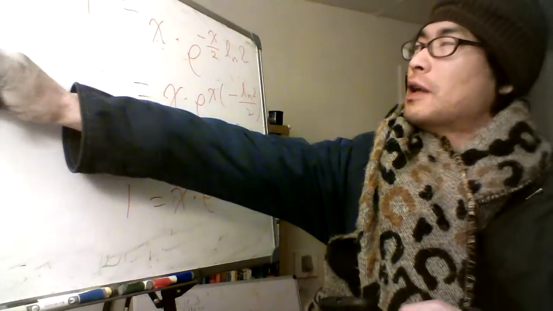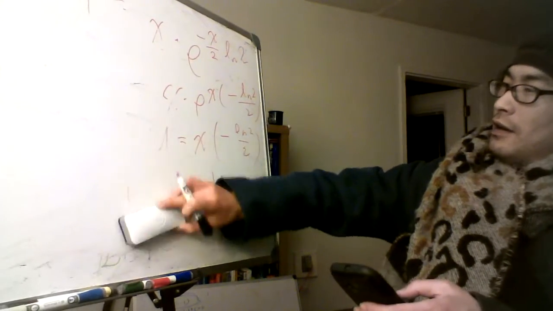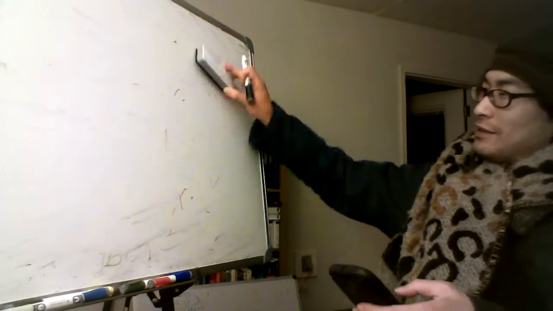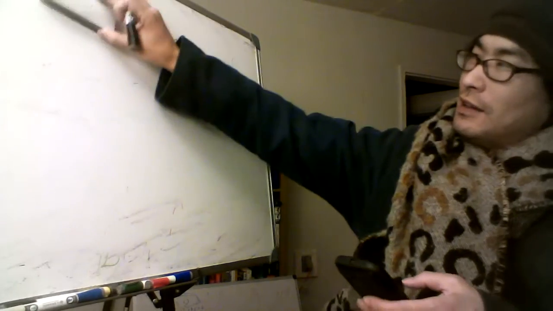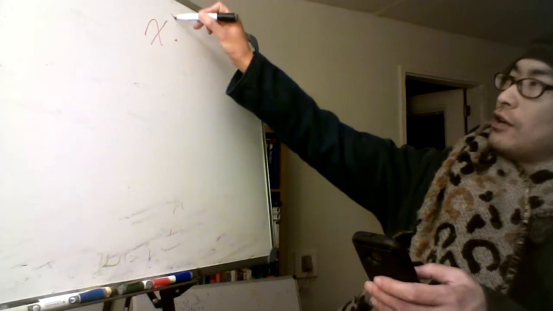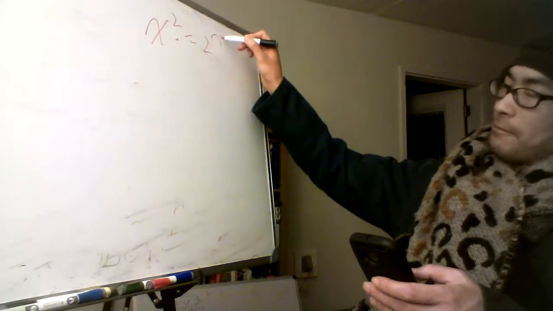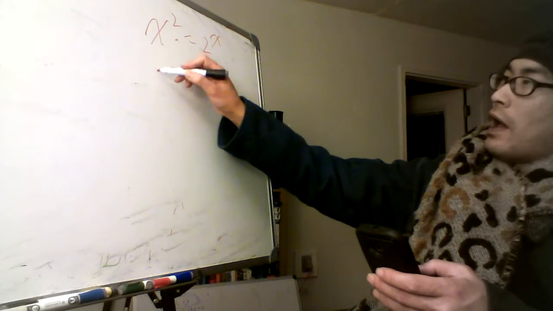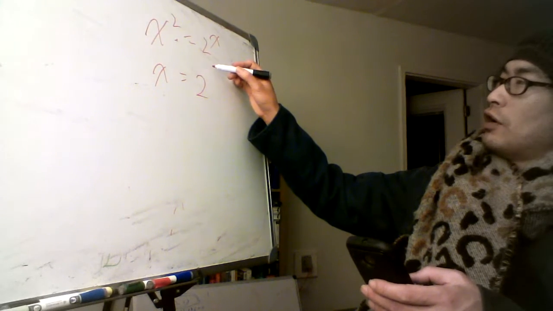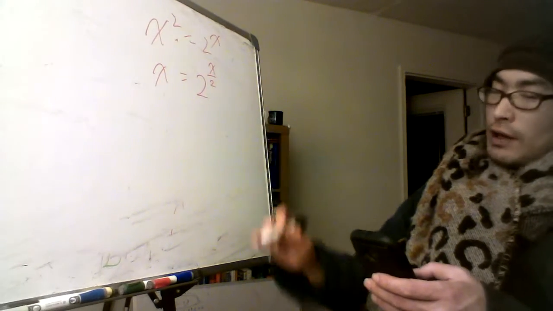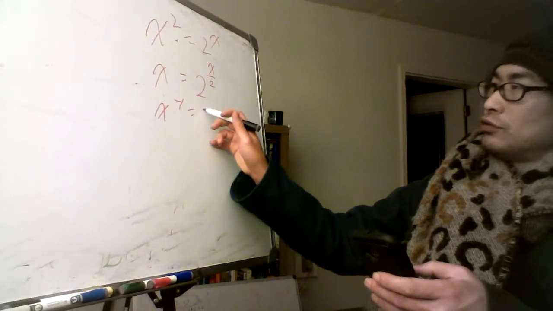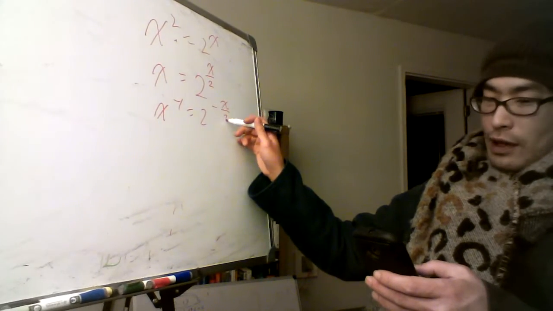Okay, let's step back. Sorry, I got lost. It's involved. Right, so we started with x to the second is equal to what? 2 to the x, right? So x is equal to 2 to the x over 2, right? So x to the minus 1 is equal to 2 to the minus x over 2, okay?